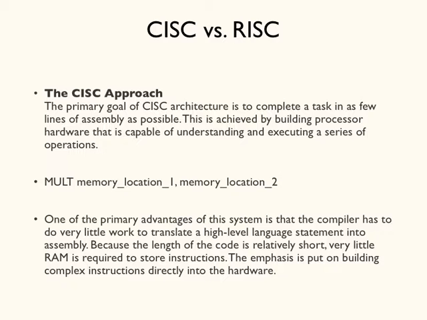So what is the benefit of it? Let's use this example. If you want to do some task, you can use fewer lines of assembly. For example, we want to multiply two values together. Value 1 is in memory, and value 2 is also in memory.